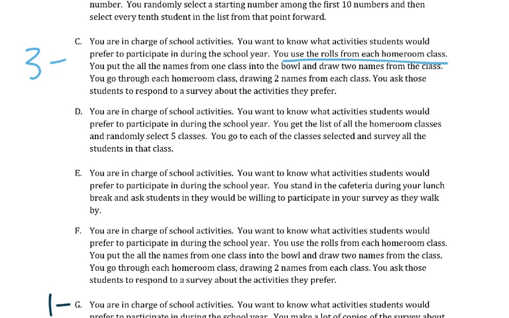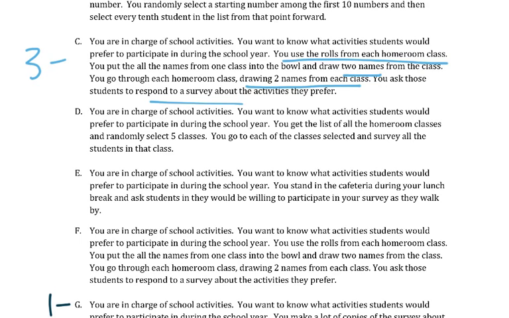You put all the names from one class into a bowl and draw 2 names from each class. You go through each homeroom class drawing 2 names, so you ask the students to respond. So it's stratified because you are separating the groups from each other. That's kind of what you're looking at here. Alright, so we've got that one because you're splitting them up into the classes.